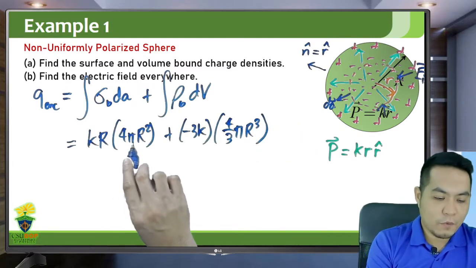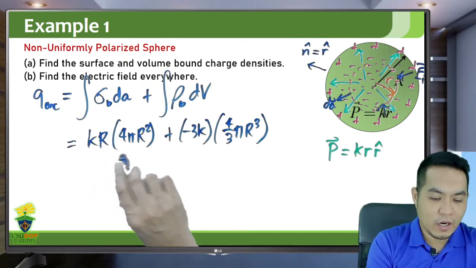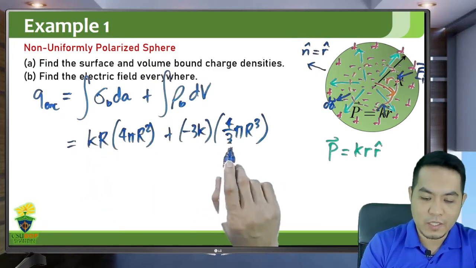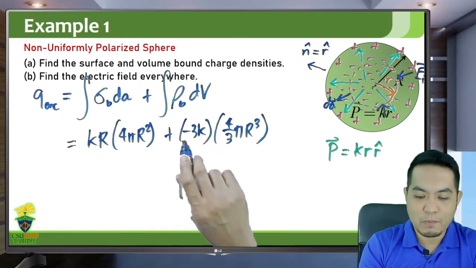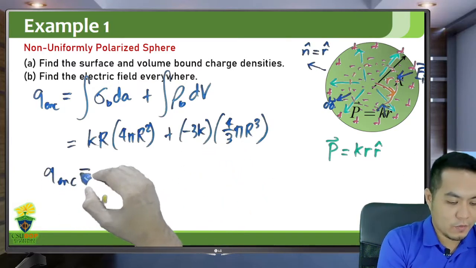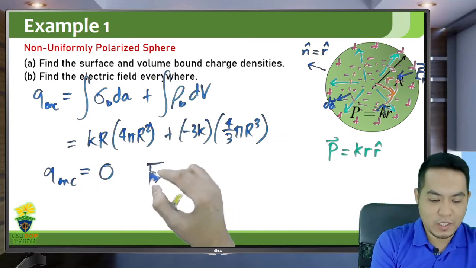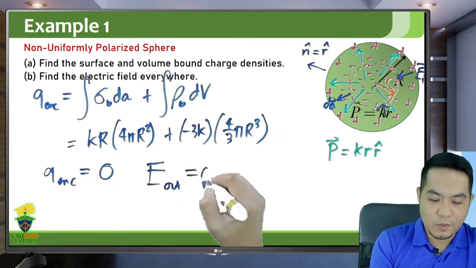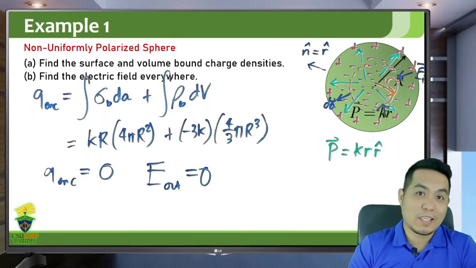So you will have 4 pi k r cubed, and this cancels with negative 4 pi k r cubed. So your charge enclosed will now be 0, meaning your electric field outside will also be 0 since there's no charge enclosed.